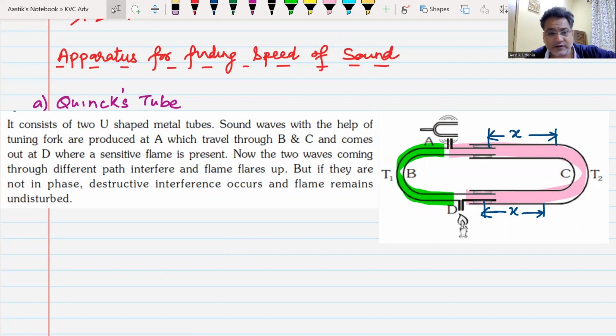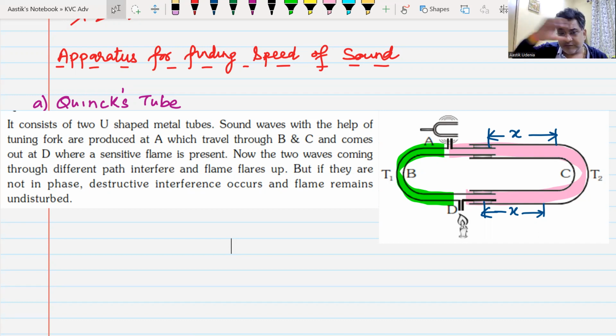The two waves coming from different paths interfere. When they are in phase, the flame will flare up. When they are not in phase, destructive interference occurs and the flame remains undisturbed. Do we understand this? Yes, sir.